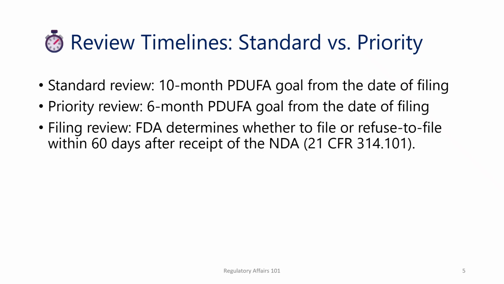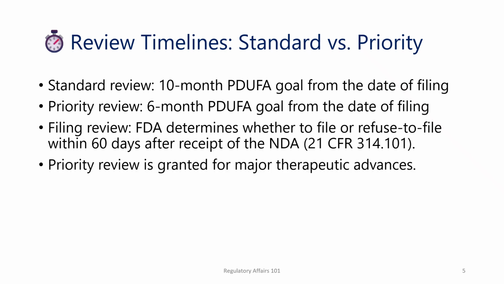Before the clock starts, FDA conducts a 60-day filing review to decide whether the NDA is complete enough to file or whether it should be refused to file. Priority review is granted when a drug represents a major therapeutic advance or addresses a serious unmet medical need.